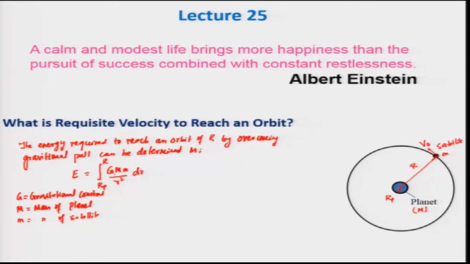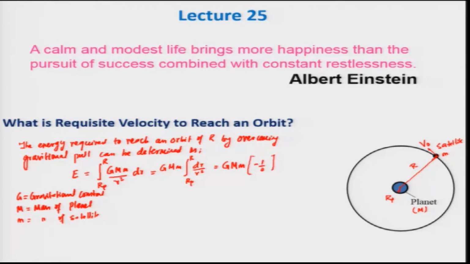You recall that G M m by r square is the gravitational force and dr is the change in the radius. If I integrate this, I can take G M m as a constant because it is not changing, and the integral of dr by r square from r p to r gives G M m times minus 1 by r.